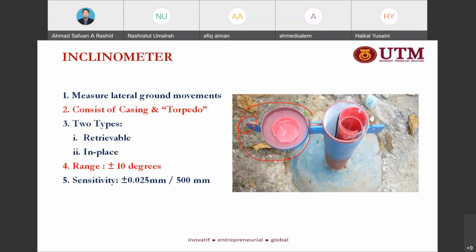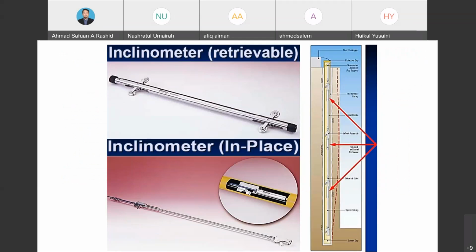So we may monitor for several periods, and it may depend on the type of material used, and how long it can extend inside the soil. So this is the inclinometer.